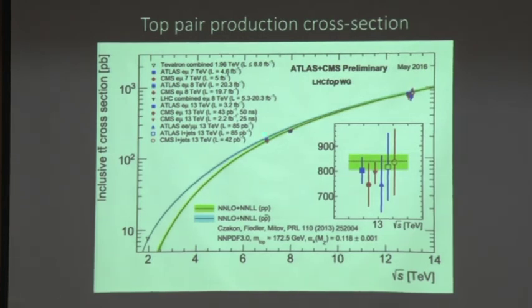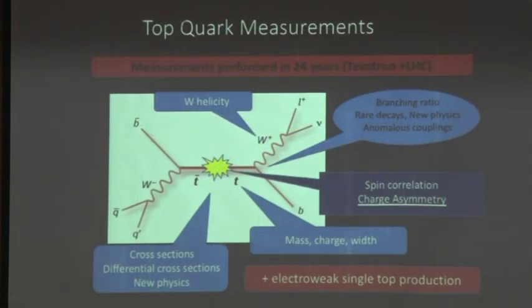So you can see this is 7 TeV, this is 8 TeV, that's the LHC, and then you have a bunch of measurements at 13 TeV. And the Tevatron worked till 1.96 TeV, so it doesn't have any number here, that's why. So it stops there.